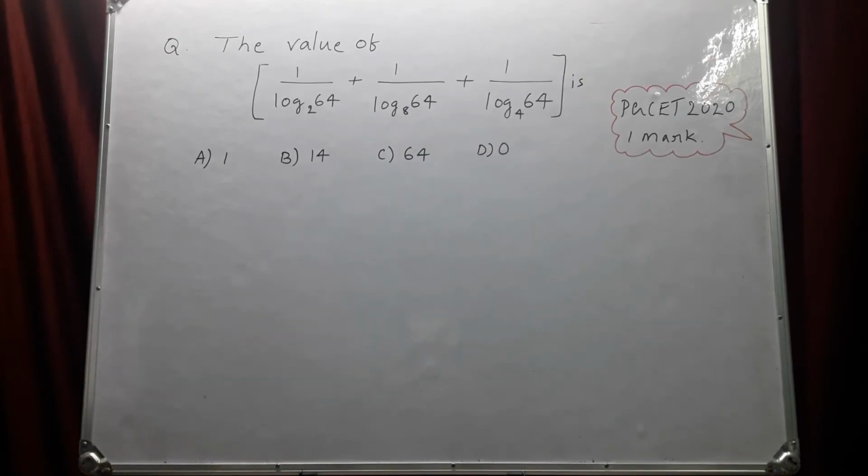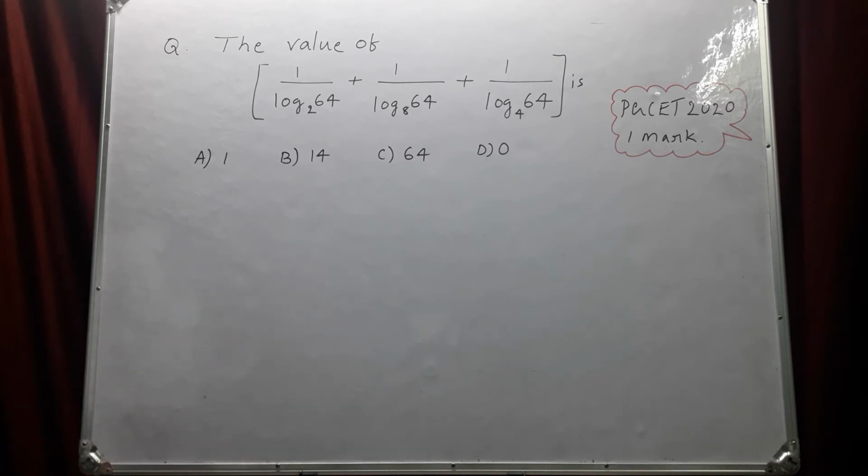Next question. The value of 1 by log 64 to the base 2 plus 1 by log 64 to the base 8 plus 1 by log 64 to the base 4 is, options are 1, 14, 64, 0. This question was asked for 1 mark in PGCET 2020.